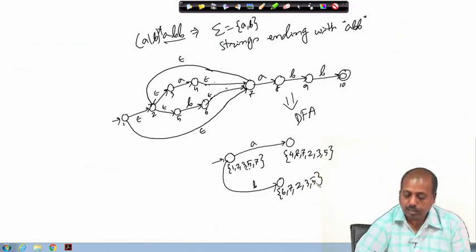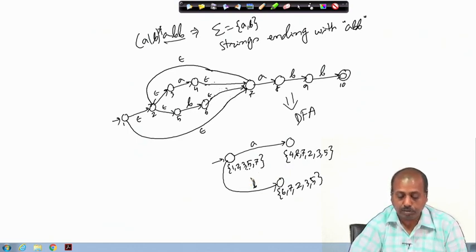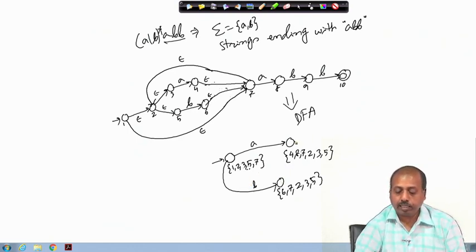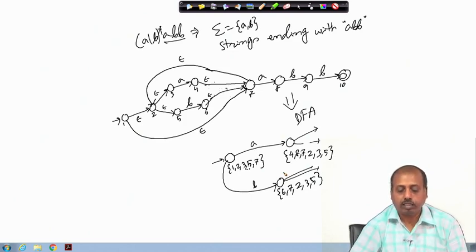So, this is the transition on symbol B. Now, you can explore further from here what happens on A, what happens on B. That way you can go on finding the further transitions, and that will complete this DFA. Okay. So, you can construct the DFA like that.